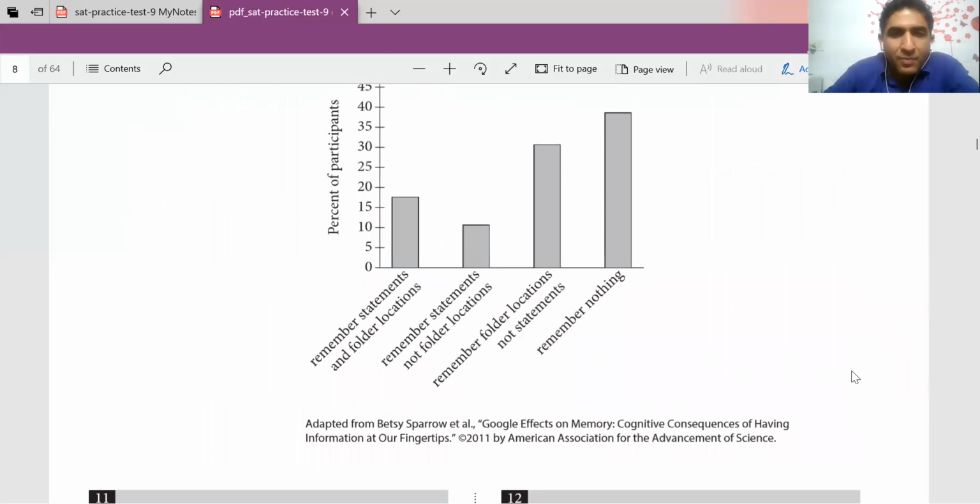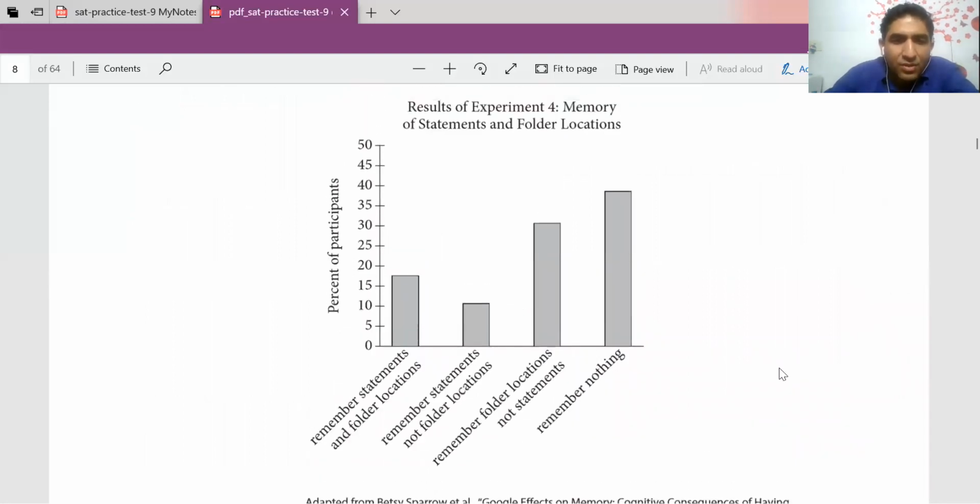Then there is this graphic, which shows that when people were asked certain questions, most of them didn't remember anything, neither the source nor the information. A few of them were able to remember both, where the information is stored, or in what folder location.